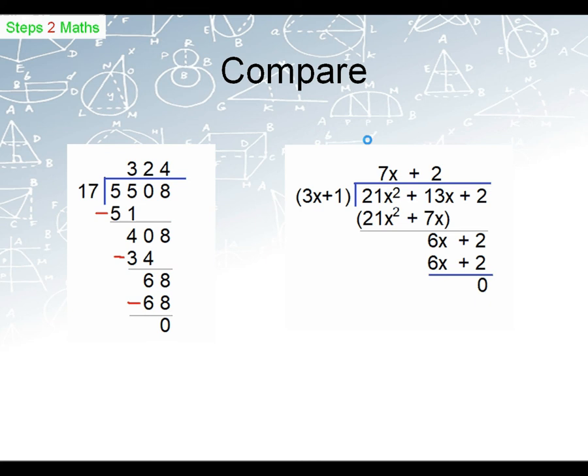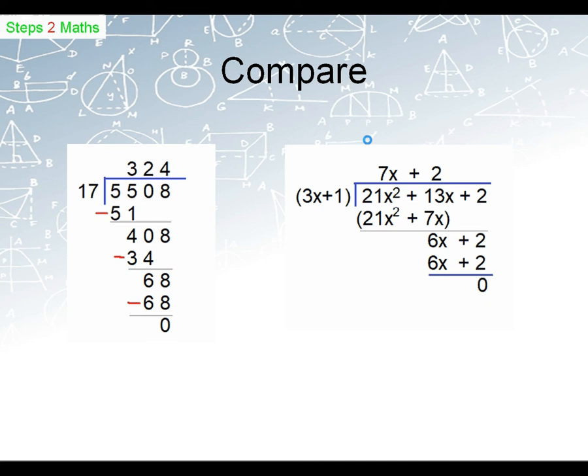On the right hand side, we did the same thing. We said 7x times 3x plus 1 to get 21x squared plus 7x, and we subtracted that to find our remainder. On the left hand side, we subtracted 51 to get a remainder 4 and brought down the 0 and the 8. On the right hand side, we subtracted 21x squared plus 7x to get a remainder 6x, and then we brought down the plus 2.